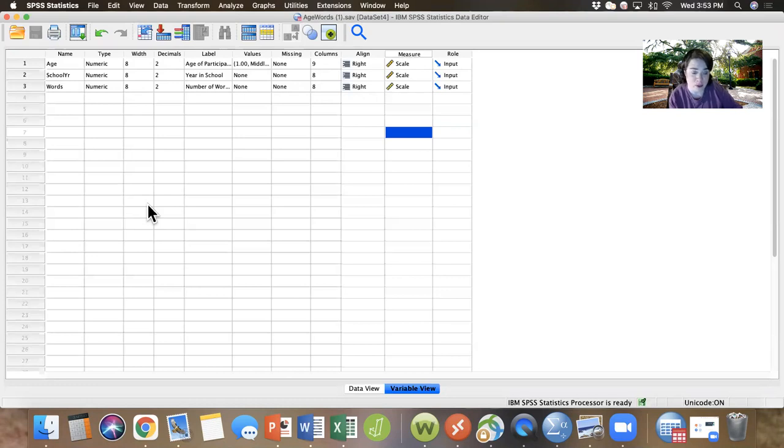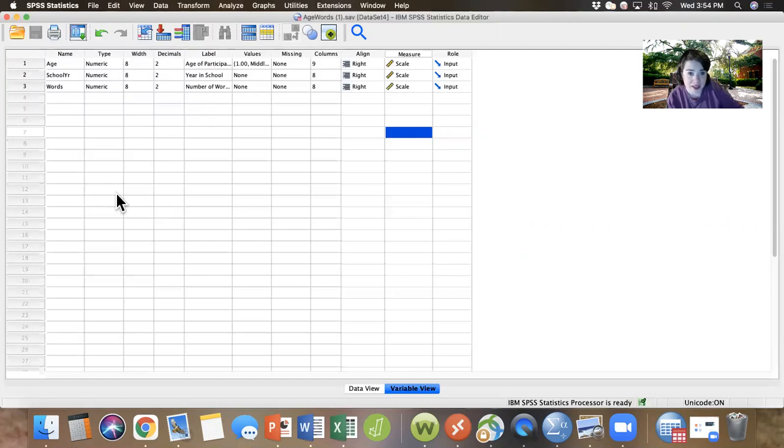So what they did is they didn't randomly assign, they took participants who were currently undergraduates or college students, and they also took participants who were in middle school, and they gave them a list of 30 words to learn.